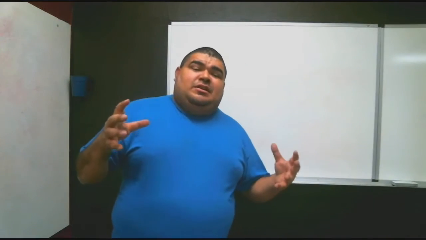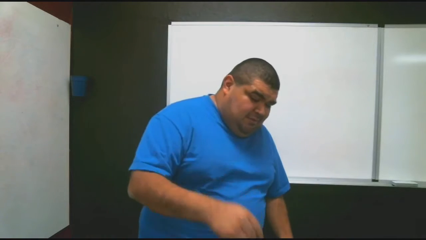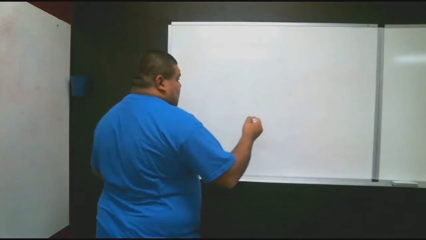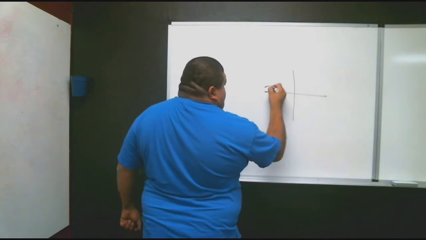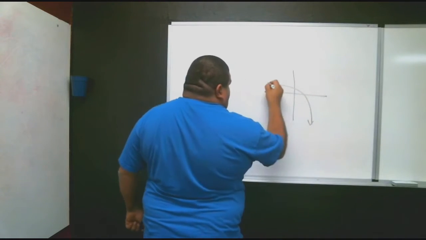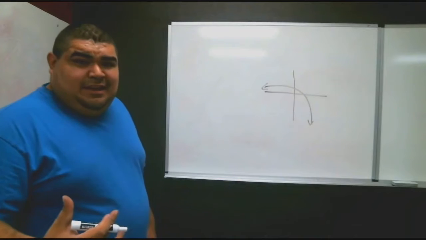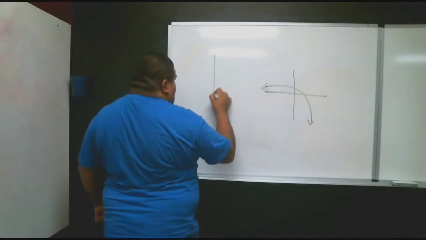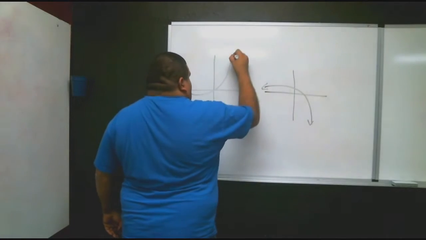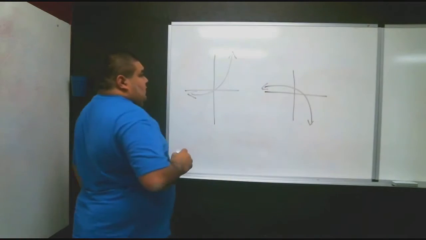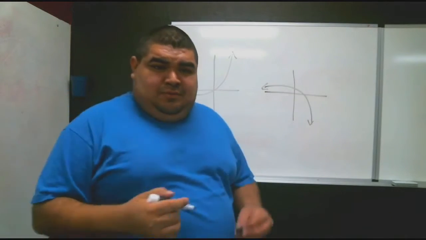In a graph, if our line goes down, it's an exponential decay. If it goes up, it's an exponential growth, okay?